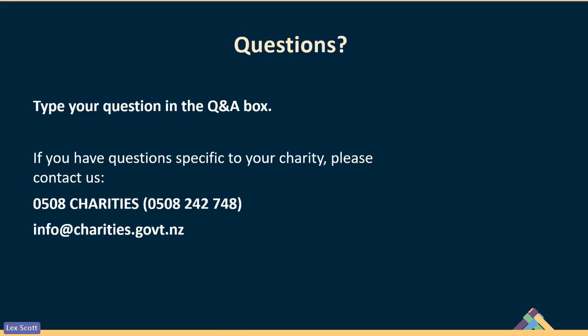Okay, we've got a few questions in. The first question: for officer details, do we add a new trustee if this occurred after the balance date of this annual return? When you're filling in the first half of the annual return, you're stating that your organization's information is correct up to the date that you're filling it in.